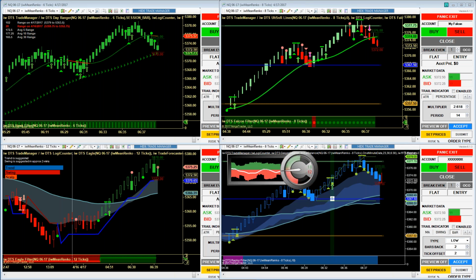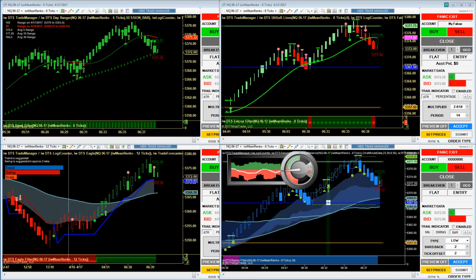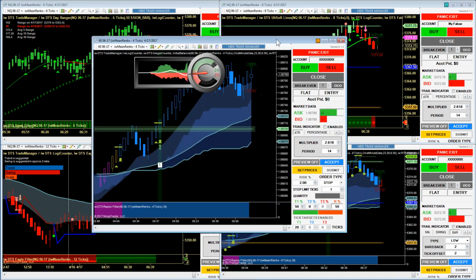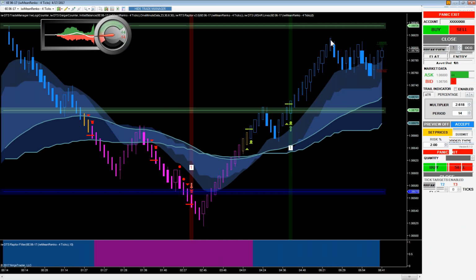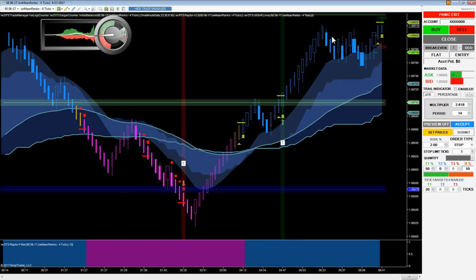Just a moment, I'll grab a euro chart as soon as. Here we go. Here is the euro now on the Raptor. We also had a nice number 1 signal here during the overnight session.